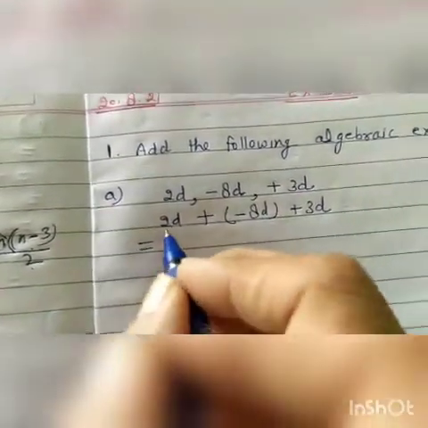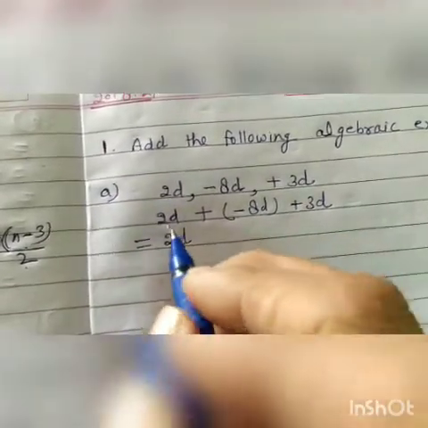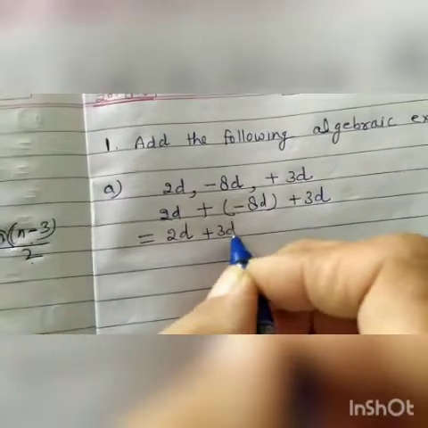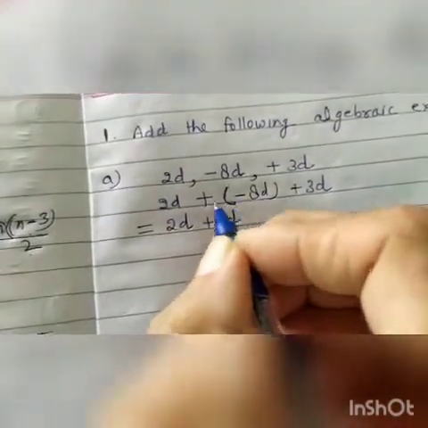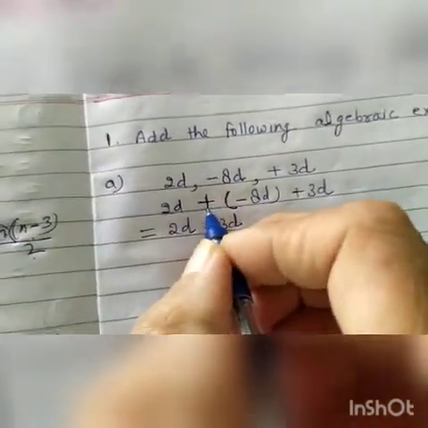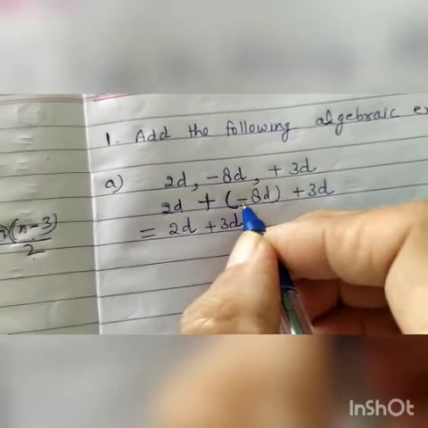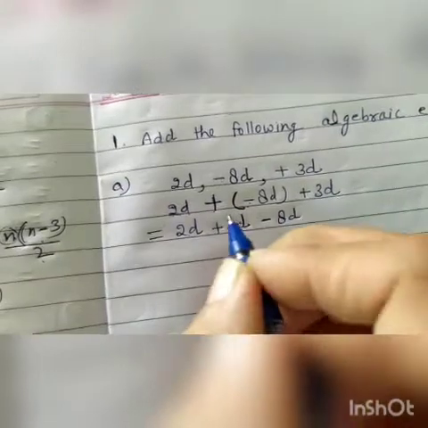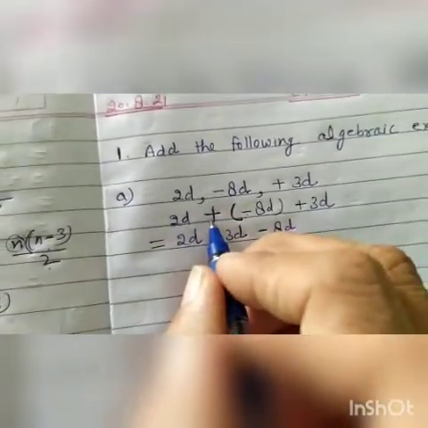Now first we will write the positive monomials: 2d and then plus 3d. Outside this bracket there is a plus sign, so we will not change the minus sign, and this minus 8d will be written as it is. We will not write this plus sign.